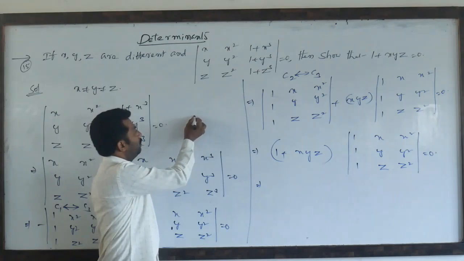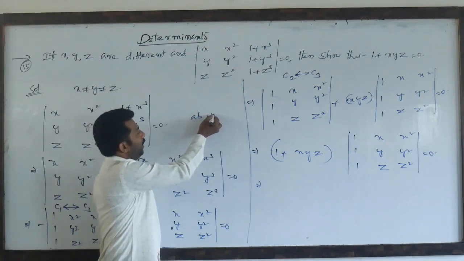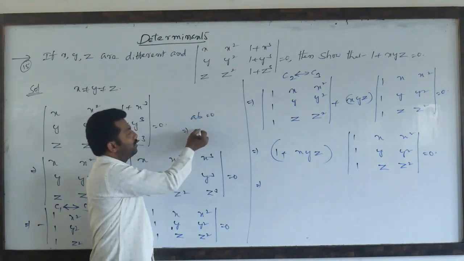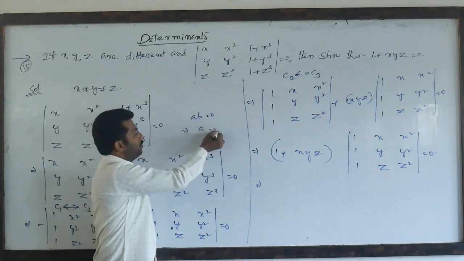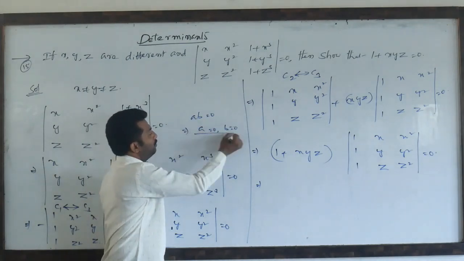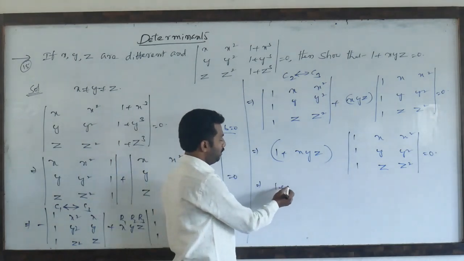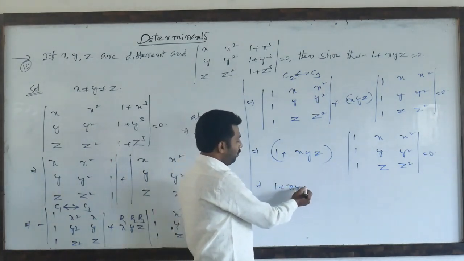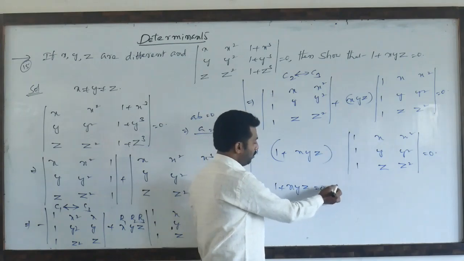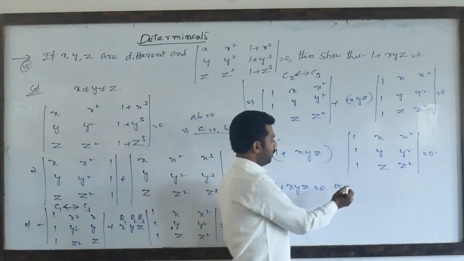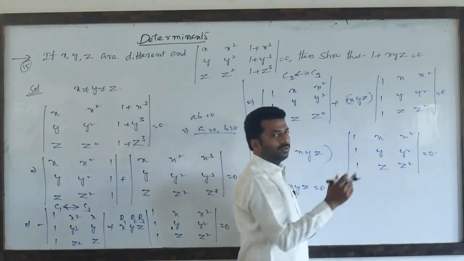Already I told, suppose a into b equals 0, then either a equals 0 or b equals 0. So either 1 plus xyz equals 0 or this determinant equals 0.